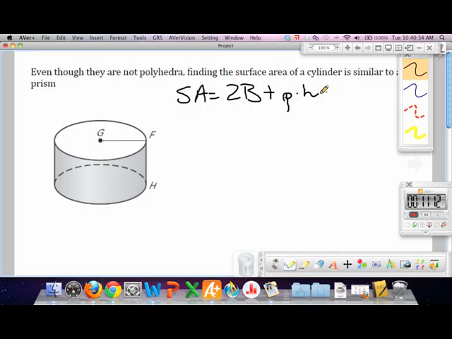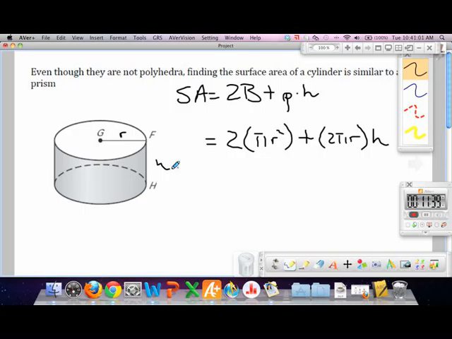That would be a formula specific to cylinders if you wanted to know that. You could simply memorize the general one and apply it to circles, but you can do whatever you want.